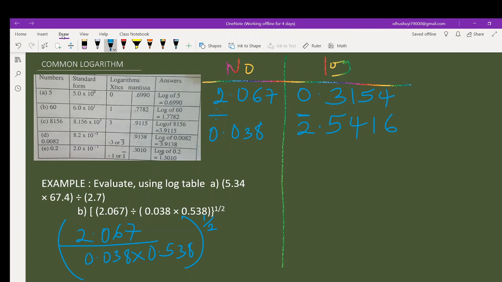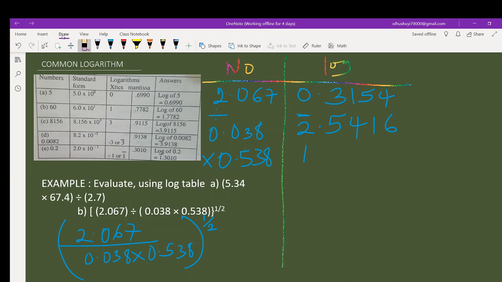So let's go now. The numerator, we've written the log. Now the denominators, let's deal with them. 0.538 times 0.038. What would that be? This will be bar 1. That bar means subtraction.